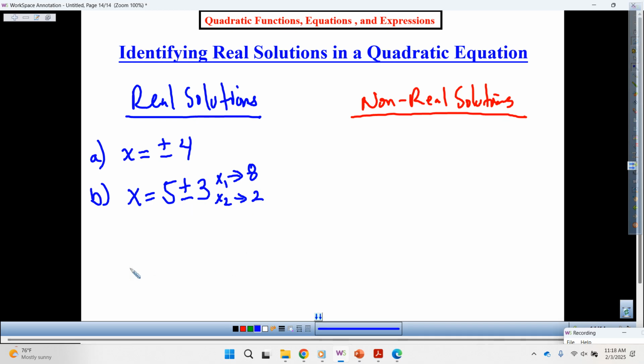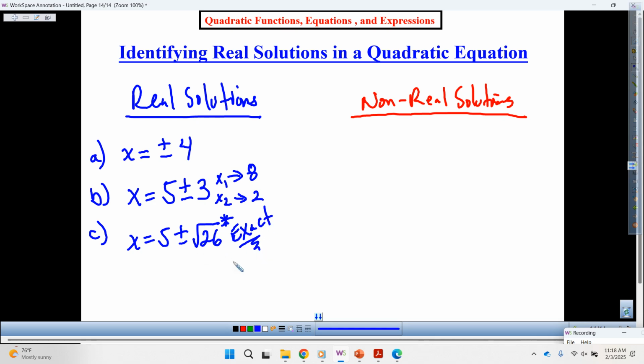Yes? All right. C. How about X equals 5 plus or minus square root of 26? That's also real, but notice that we have a little dilemma here because this becomes a decimal, right? But to be exact, I'm going to label this as exact.